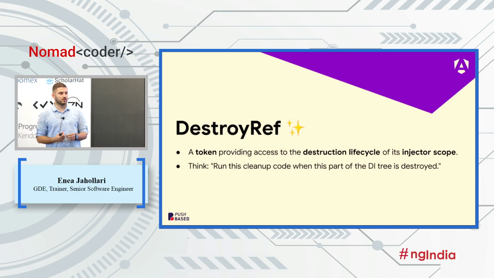And every time that injector scope gets destroyed, remember those application providers or component providers, and most of the time only component providers make sense to use DestroyRef. So think about it like: run this cleanup code when this part of the DI tree is destroyed.